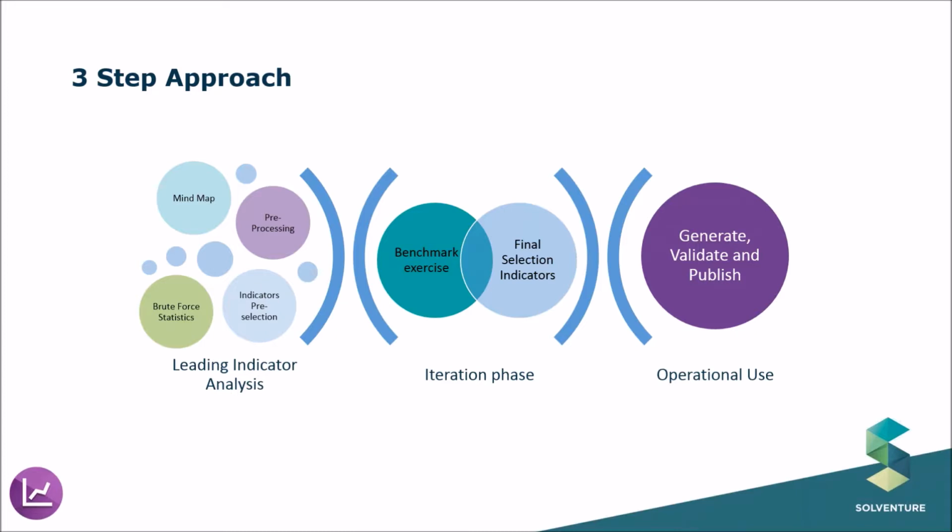So what did we think was having an influence and what are the things that are really confirmed to have an influence. And we also do what we call a brute force statistics analysis, meaning that we just run your data through the full database of leading indicators, which is now exceeding 2 million. And we see which other type of relationships we can come up with, which potentially you were not aware of, but if we review them, it could make business sense.